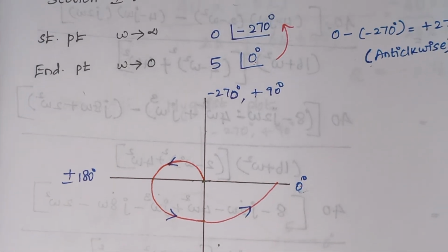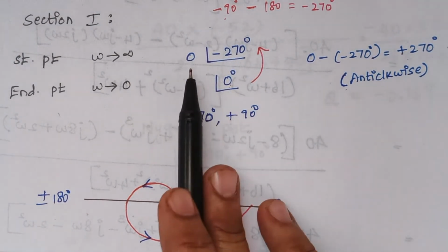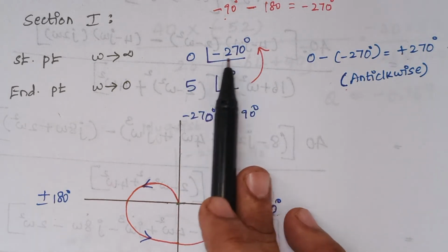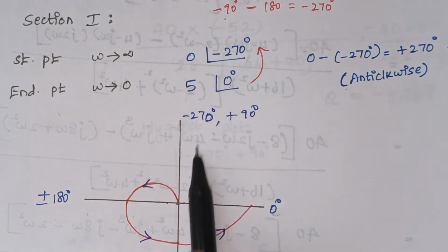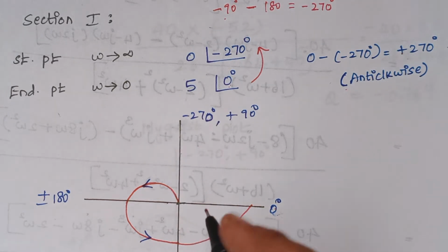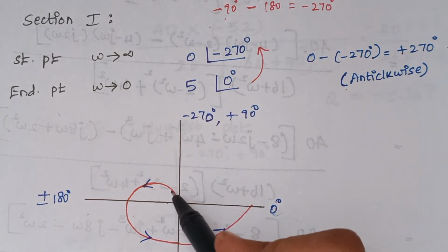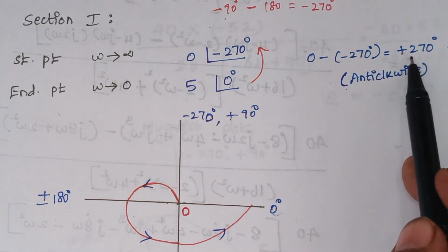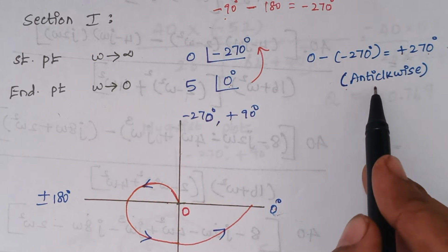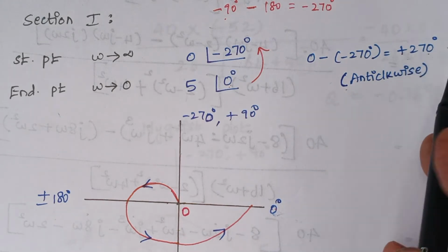Now we are going to draw the plot. What is the starting point? It is 0, minus 270 degree. So first find out where the minus 270 degree line is. So this is your minus 270 degree line and this is your origin 0, right? It starts from here and is rotated 270 degree anti-clockwise. 270 degree means it has to cover 3 quadrants, right?